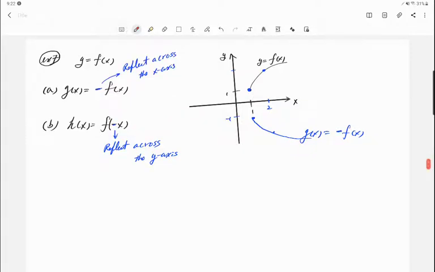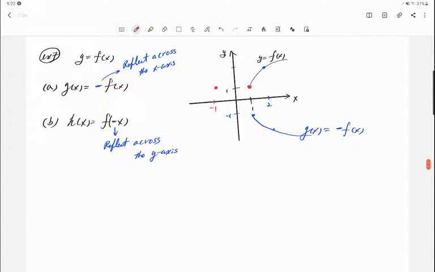So this is positive 1. Once you reflect across the y-axis, this goes over here, negative 1. So positive 1 will become negative 1, and the graph looks like this. And even this point, this is positive 2, then it goes to negative 2 somewhere. So this one goes over here, this one goes over here.